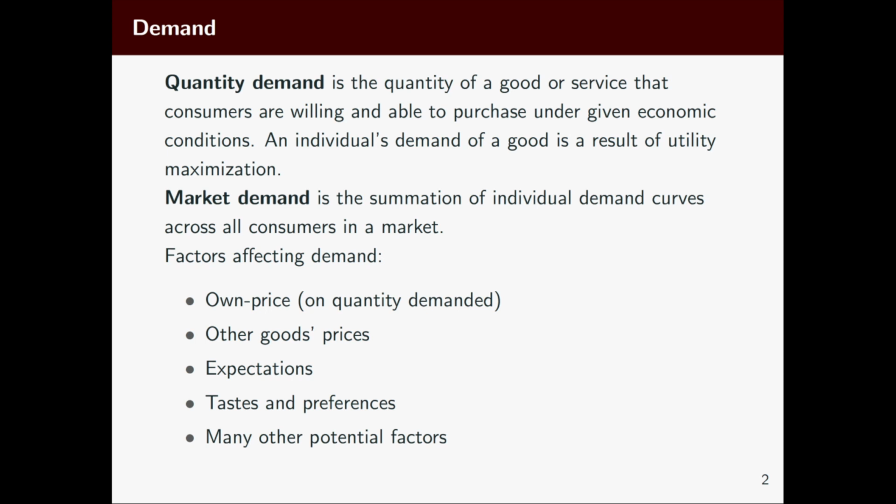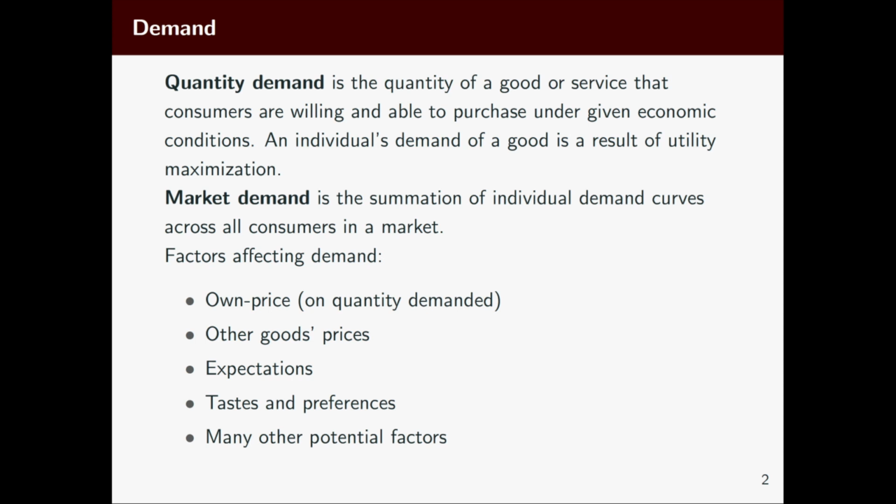So just to start off with, quantity demanded, we say, is the quantity of a good or service that consumers are willing and able to purchase, and an individual's demand of some good is the result of some utility maximization problem. So every single individual has a utility function that we never directly observe, but we can try and estimate the general shape and form of that utility function.